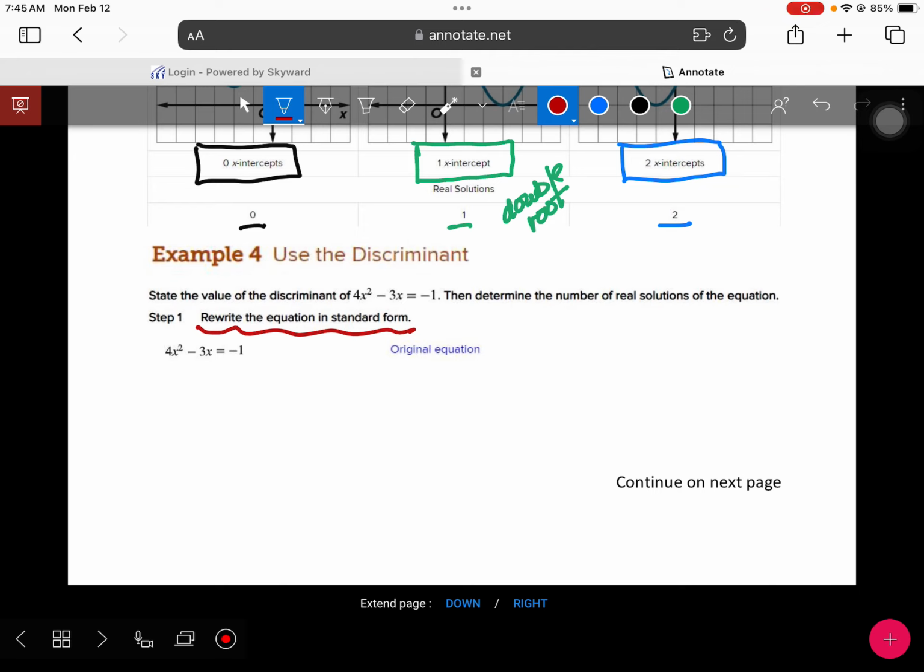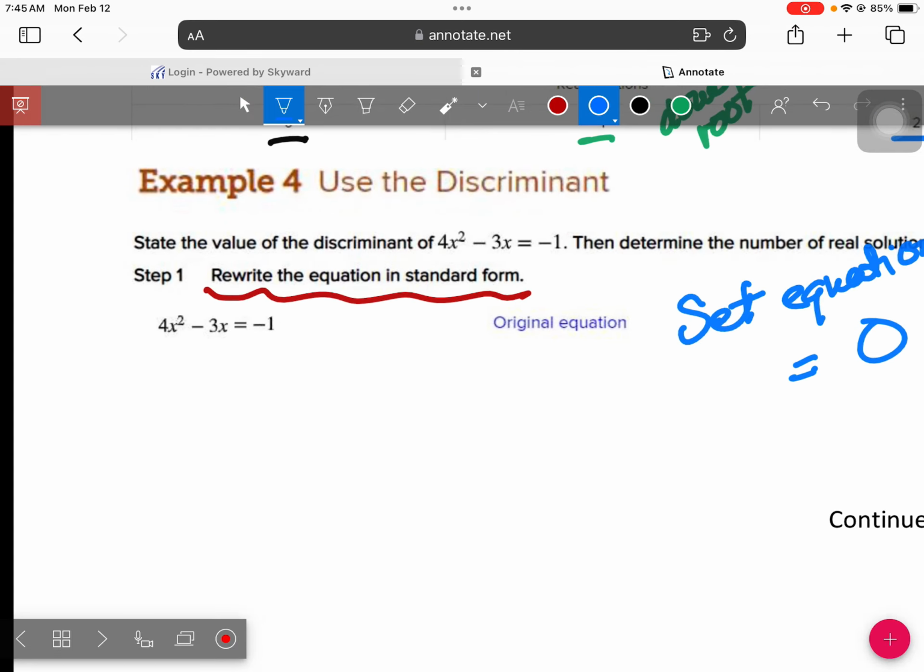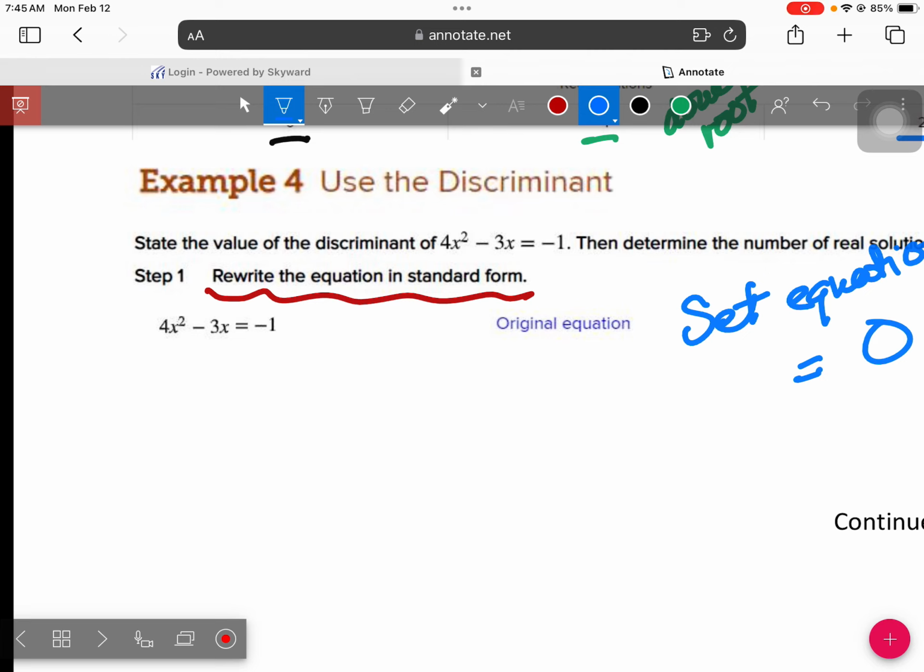The key here, remember, is we need to set the equation equal to 0, which will help you get it in standard form. Okay? So how do I move that negative 1? Yeah, I need to add 1 to both sides of the equation. So negative 1 plus 1, that's going to cancel out.